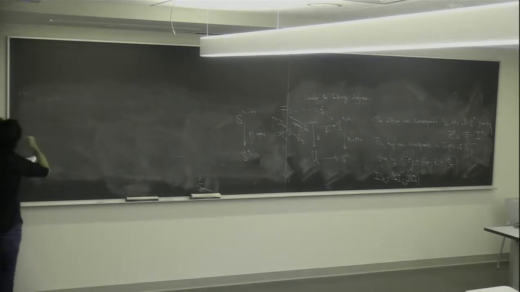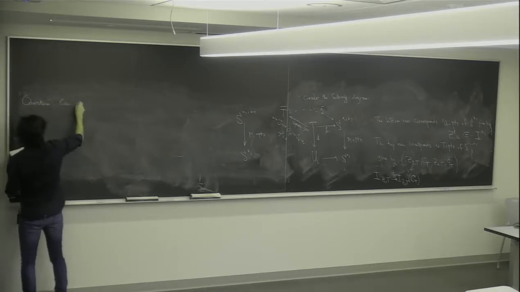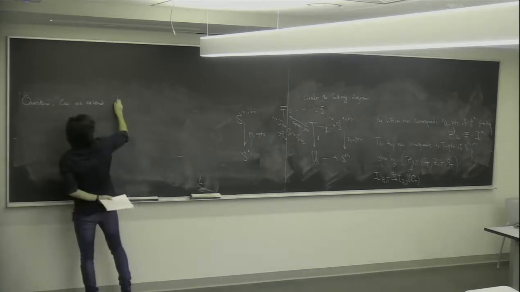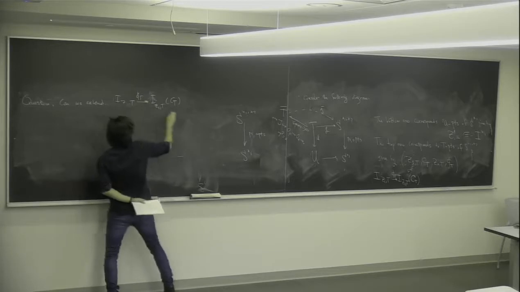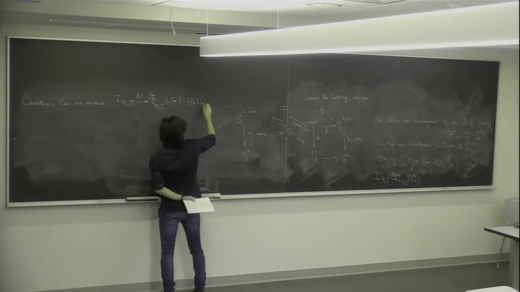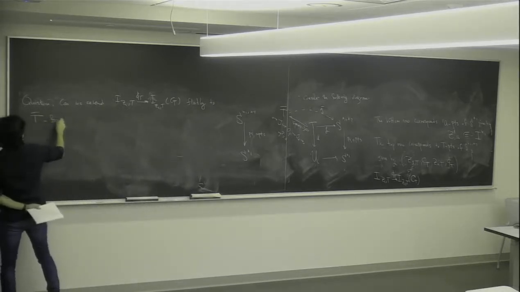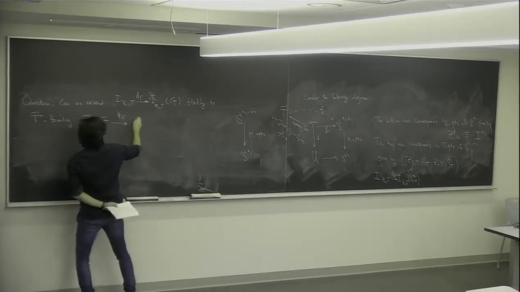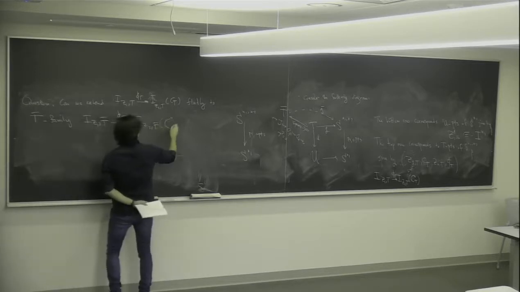So question, can we extend this family I(Z1(T)) goes to I(Z2(T)) flatly to a T bar family: I(Z1(T bar)), phi of T bar, I(Z2(T bar)). These are points in a curve.